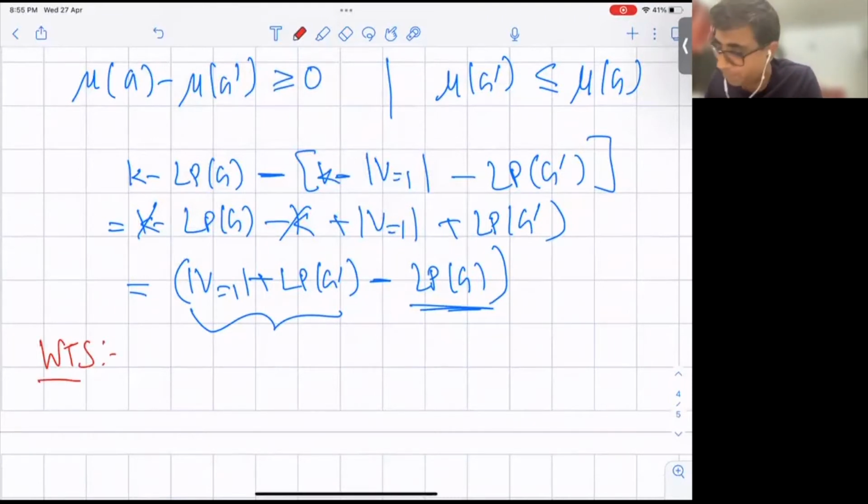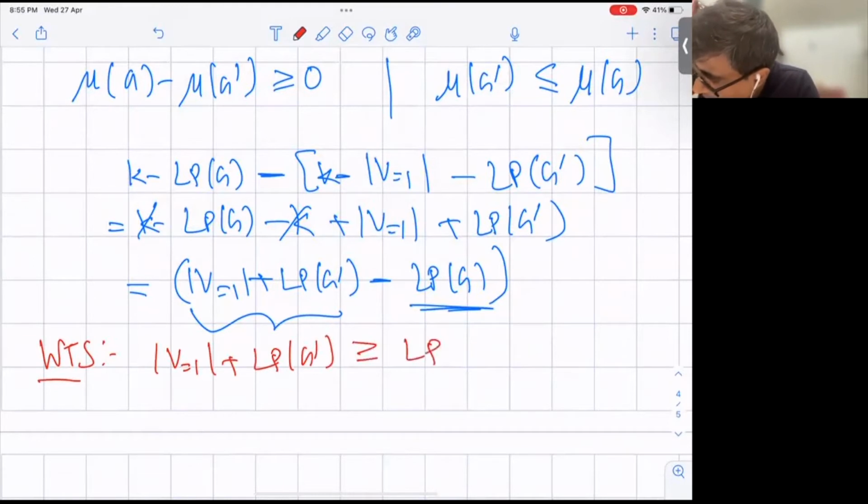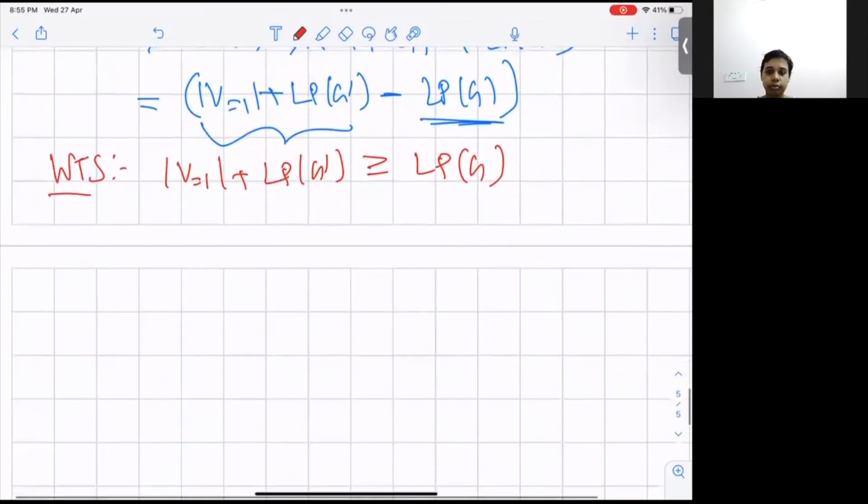To do that, we need the fact that V equal to 1 plus LP of G prime is greater than or equal to LP of G. Is the claim okay? This is what I need to show. But is this not obvious?